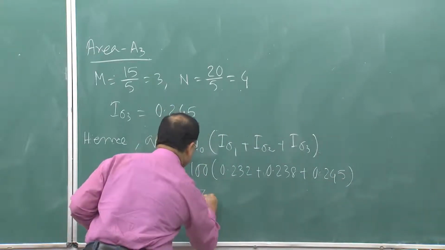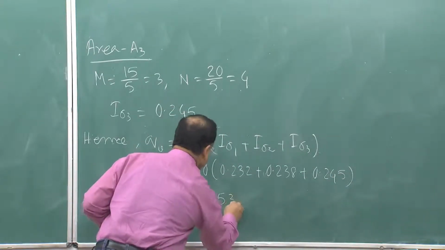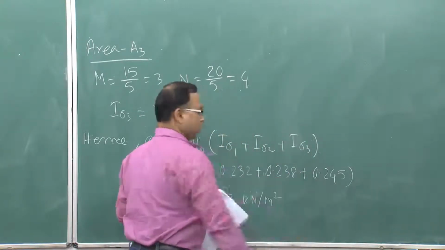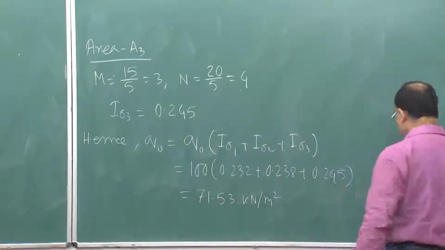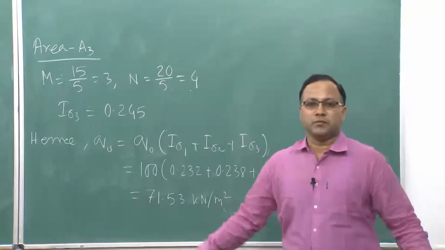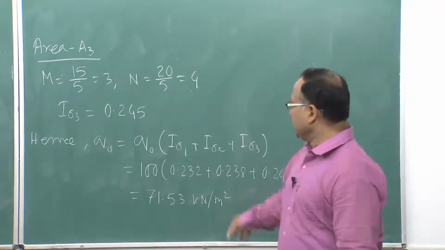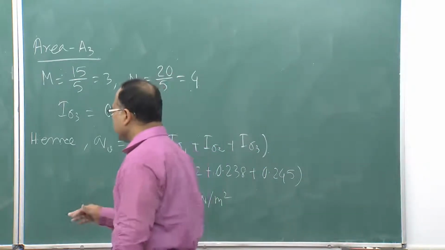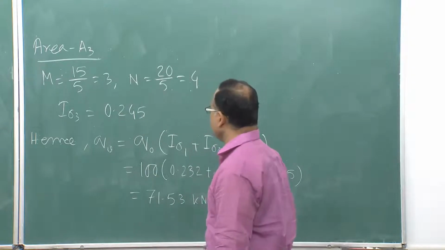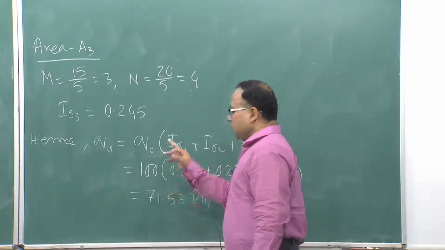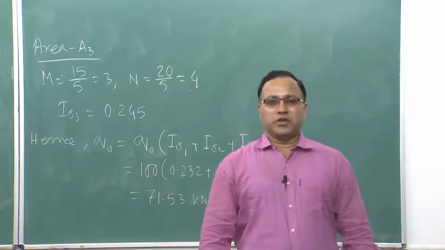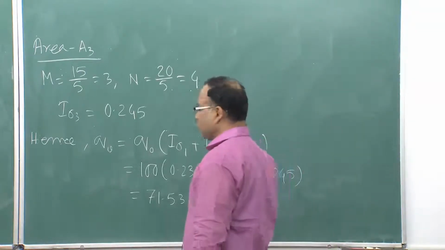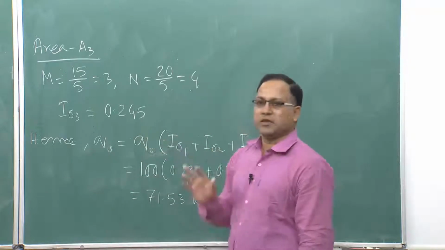So, total is coming 71.53 kilonewton per meter square. Okay? So, this is the answer for that problem. At point P, at 5 meter depth below point P, you will be getting vertical stress as 71.53 kilonewton per meter square due to the application of uniformly distributed load Q naught, that is 100 kilonewton per meter square, on the L shaped area.